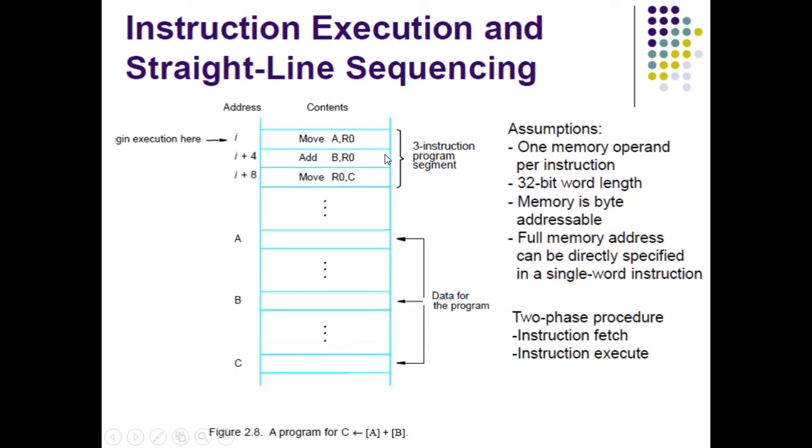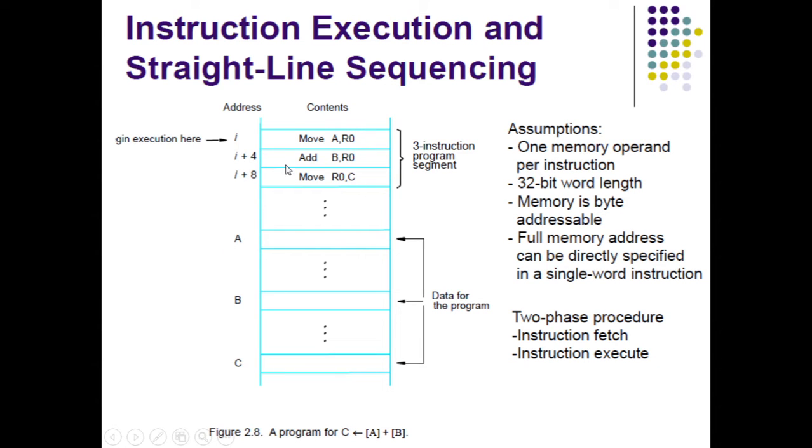After completing the execution of this instruction, the processor gets the next instruction's address directly from the program counter, because the PC is now pointing to this location. So this is the case of executing a set of instructions in straight line sequencing manner.